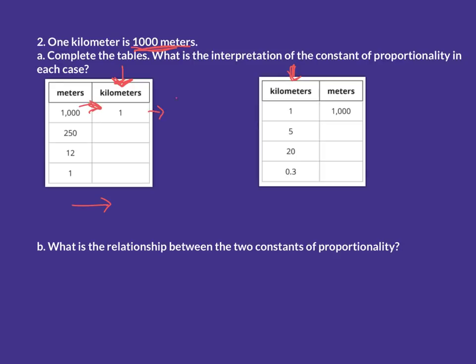So if we divide, that'd be 1 over 1,000. Or you can also remember that that's the same as 0.001. That's in the thousandths place, so that's 1/1000th as well.